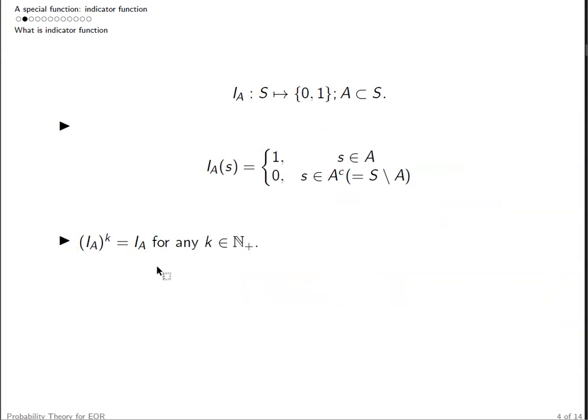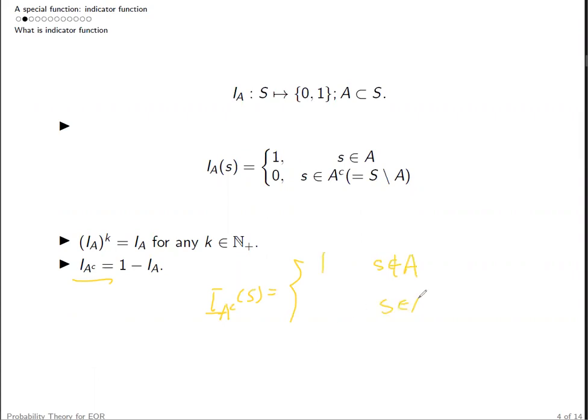The second property is also easy to understand. I_{A^c}, the indicator function of the complement of set A, is equal to 1 minus I_A, right? Because now I_{A^c} only equals 1 if s is not from A, and maps elements from A to 0. So on the left-hand side, I_{A^c} maps elements from A^c, so if s is not from A, then it's equal to 1.